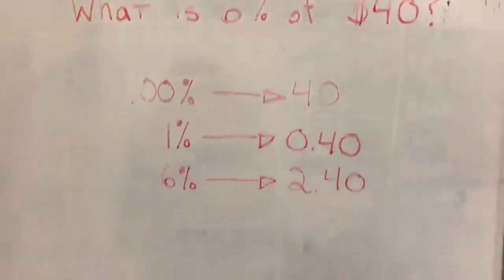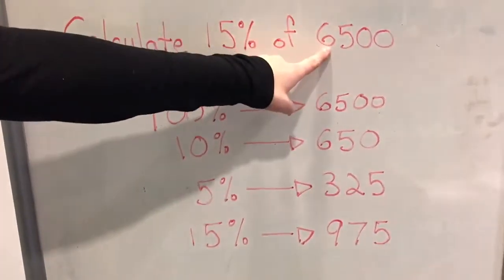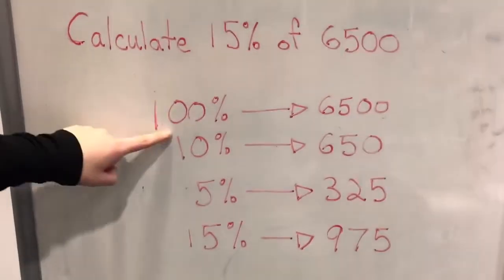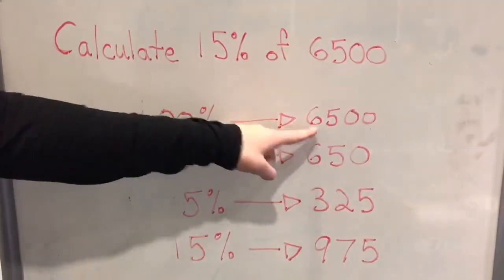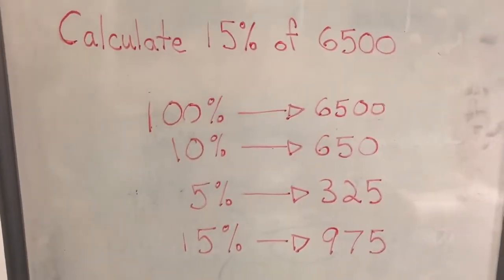Let's try another one. How about the problem calculate 15% of 6,500? We know that 100% is 6,500, and we can break down 15% into percentages that we can solve more easily.